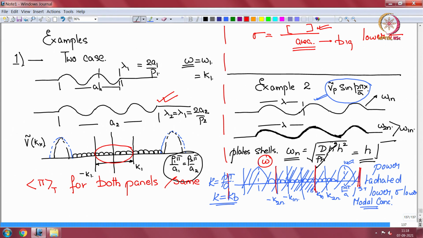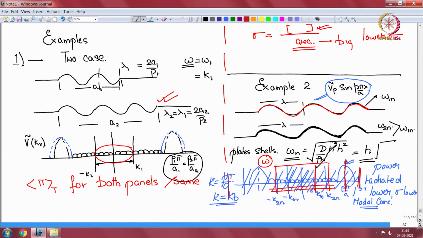This is a scattering phenomenon. Because you have a finite panel with a certain wave number in it, that wave number scatters into all these extra wave numbers. So we are just illustrating that even below coincidence, these are all below coincidence now, right? Coincidence happens here.